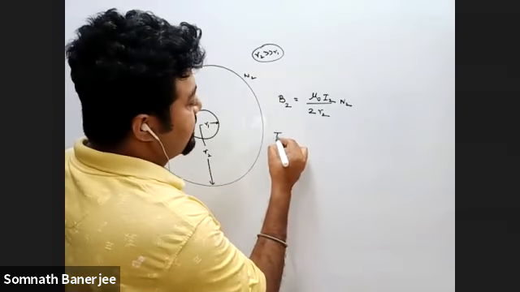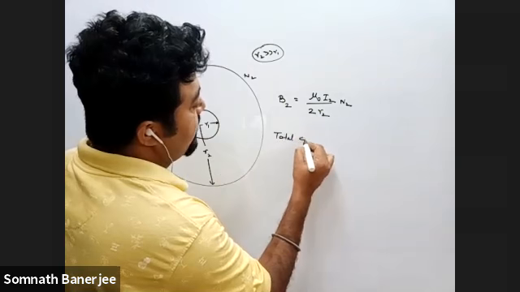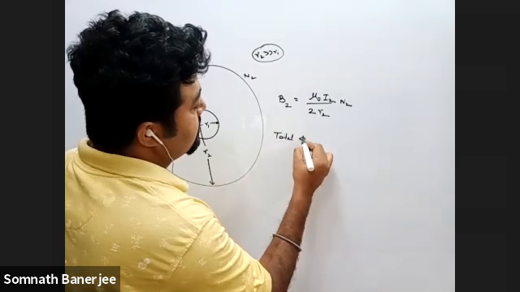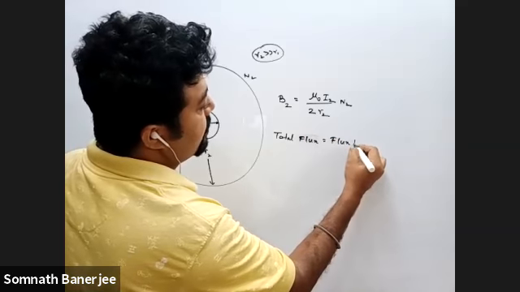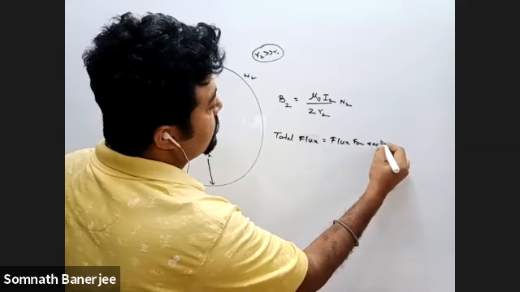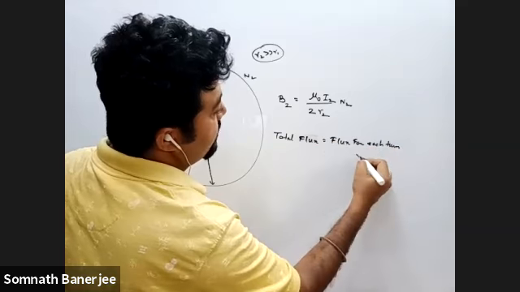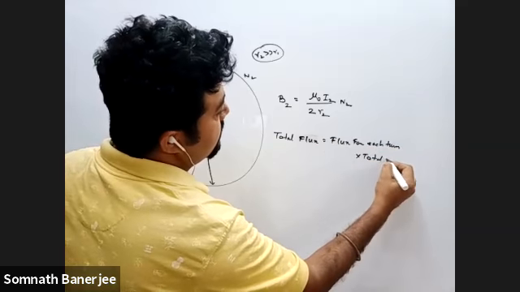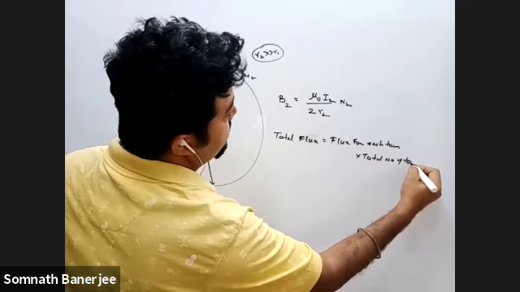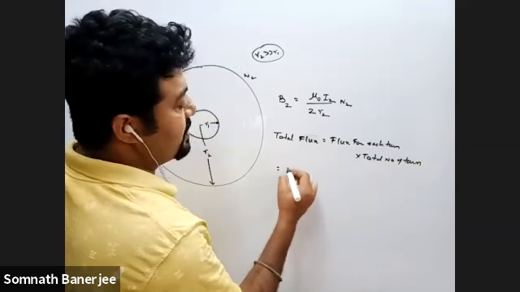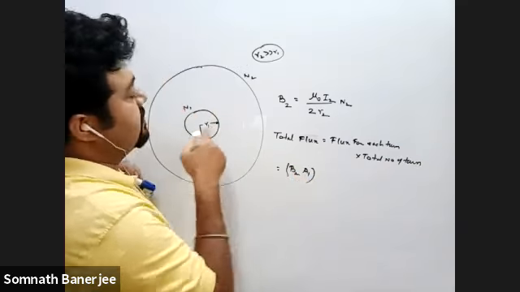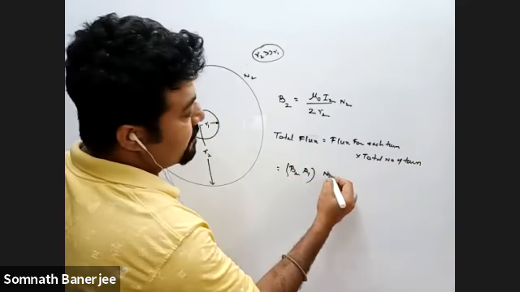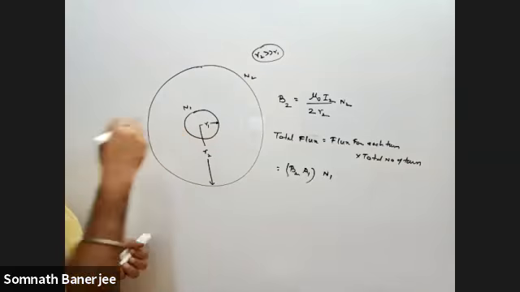So total flux equals flux for each turn into total number of turns. So flux for each turn is B2 into the area of this one, and the total number of turns of coil one, because we are finding at one.